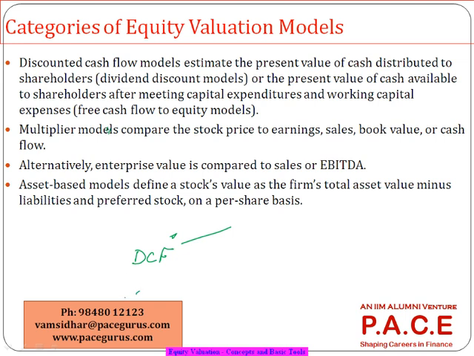So DCF is a very general class of models which are used even for valuing your equity securities also. Apart from that, you have multiplier based models, or multiple based models. So we use some kind of ratios like P by E ratio, price to book value ratio.